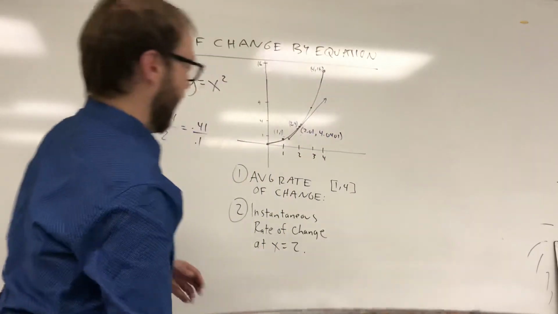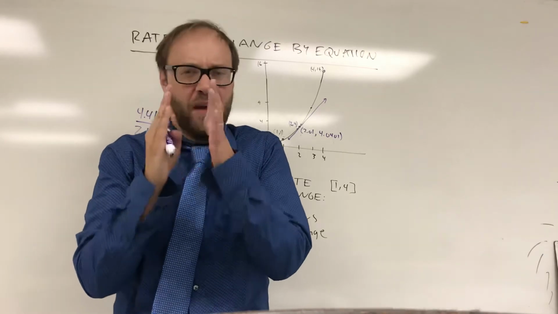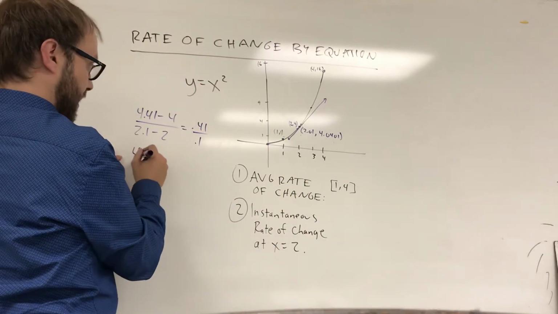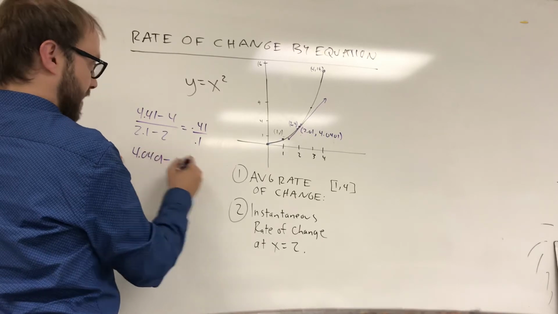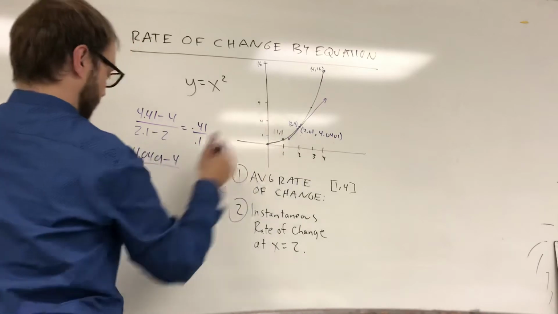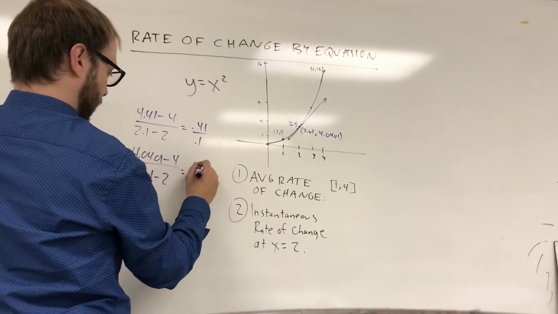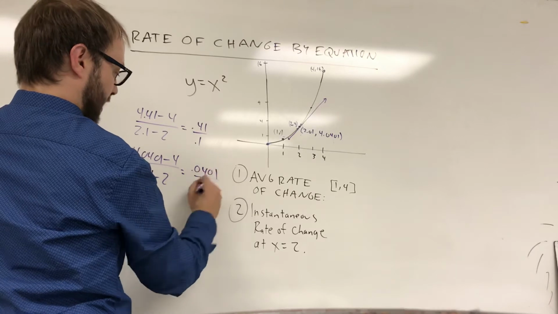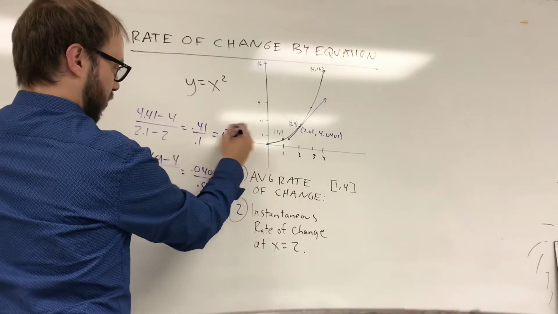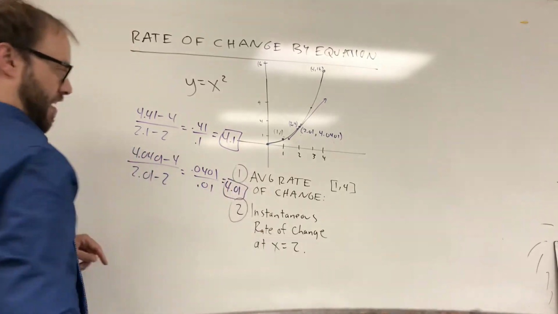Okay, and I can find the slope between those 2 points, and those would be even closer together, probably give me an even more accurate slope. So if I do 4.0401 minus 4, so y2 minus y1 over x2 minus x1, we've got 2.01 minus 2. We're going to get 0.0401 divided by 0.01. And remember, this slope here was 4.1. This slope here is going to be 4.01.